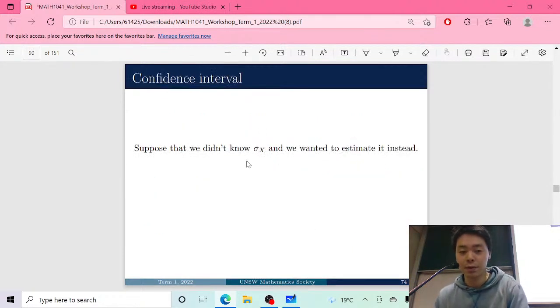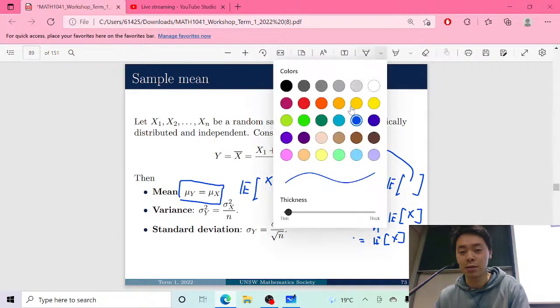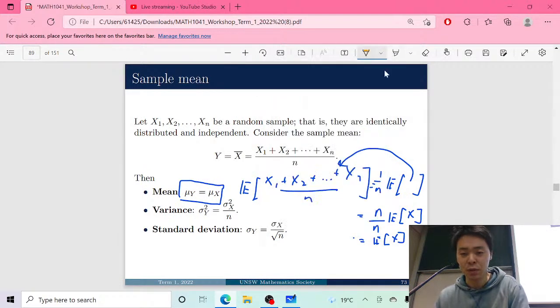Okay, so one thing that we wanted to know from the previous part is that we relied on two things for this to work. We relied on the fact that we knew what the mean was, and we knew what the variance was, or we knew what the standard deviation was. But in the real world, you'll most likely have either none of this information, or you'll have only some of it. Most likely you'll only receive the mean, and you don't know anything about the spread.